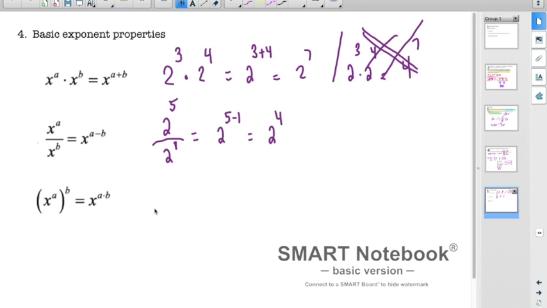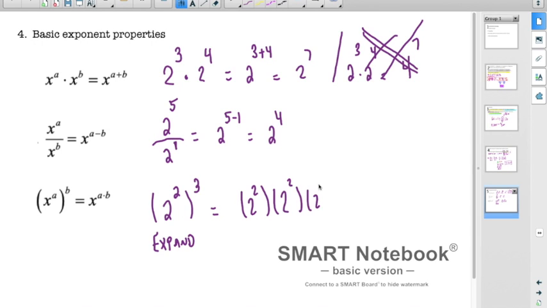And then last but not least, if I had, say, 2 to the second power all raised to the third, right? The way we did this in class is we expand this out. Always expand it out so you never get it wrong. So what this is saying is that I'm going to write this out 3 times. I'm going to do 2 squared times 2 squared times 2 squared.